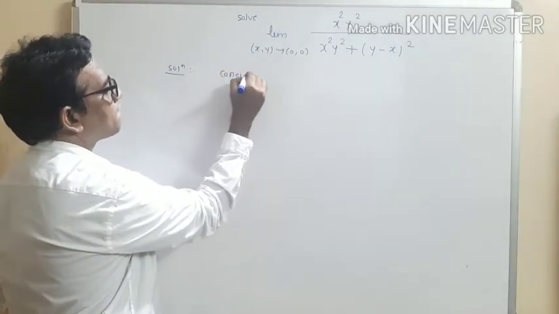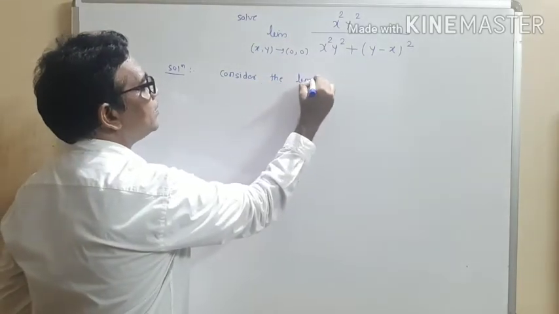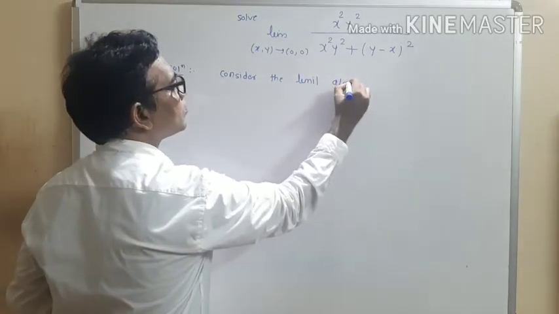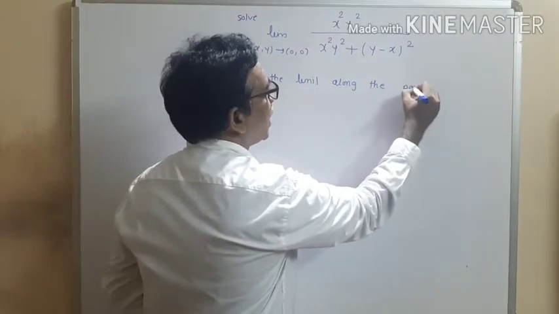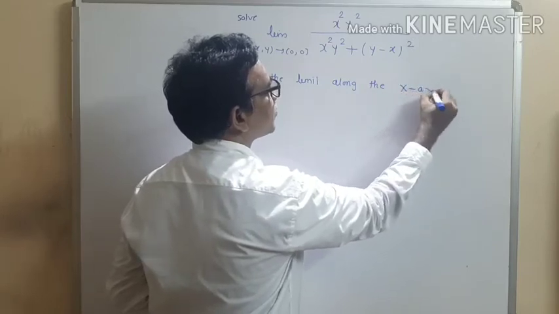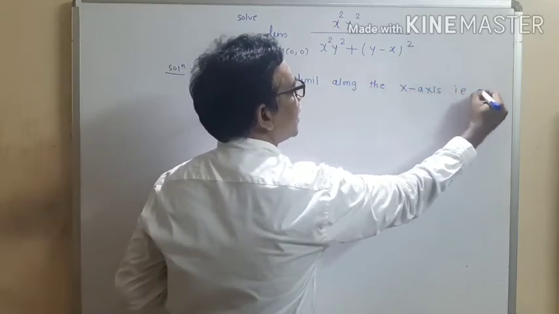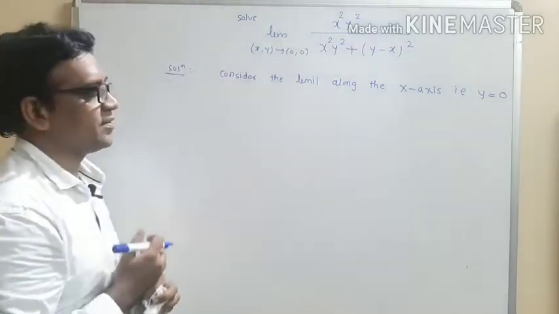Consider the limit along x-axis, that is y equal to 0. This is the equation of x-axis.